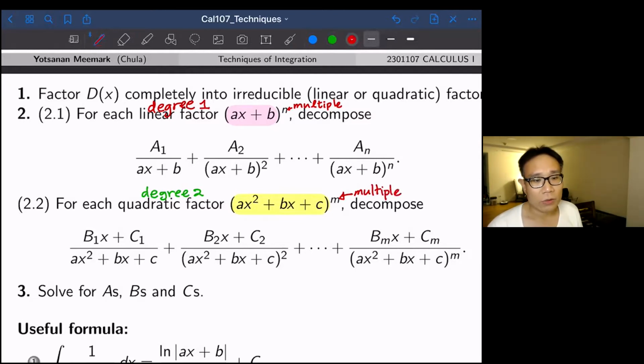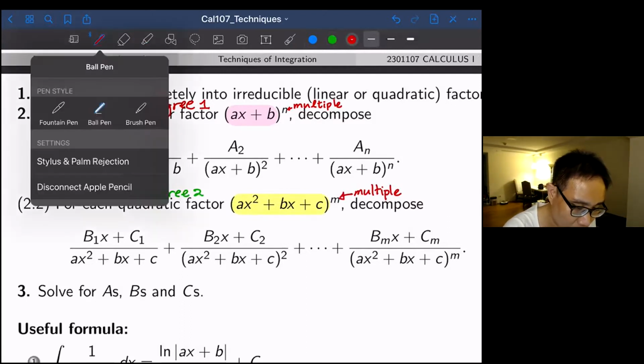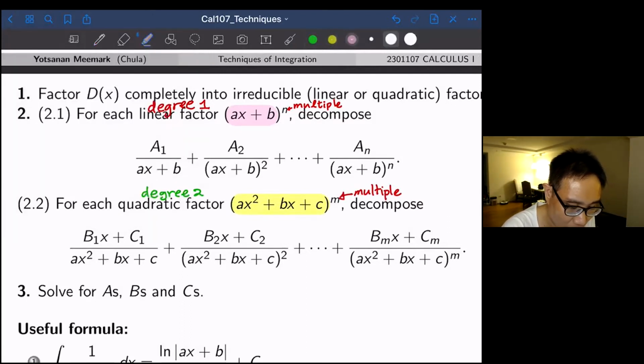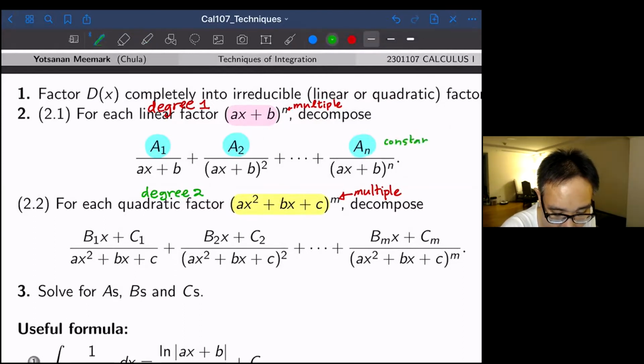You're going to decompose a linear factor in terms of constants on top: A1, A2, and A3, which are constants.